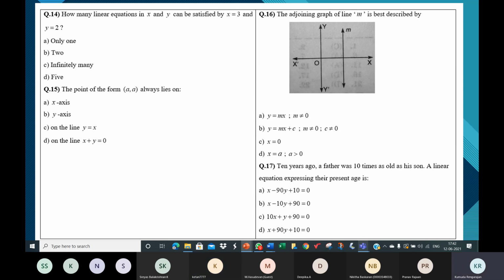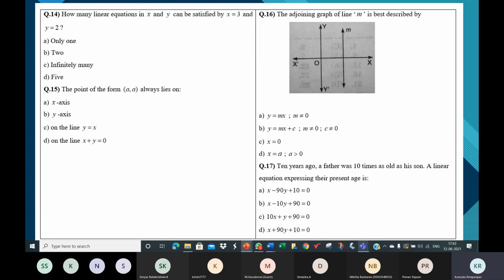How many linear equations in x and y can be satisfied by x is equal to 3 and y is equal to 2? Now 3 comma 2 is the point. And we know that there are infinitely many lines passing through a given point. The point given is 3 comma 2, x is 3, y is 2. Theoretically, given one point, you can draw infinitely many lines passing through that point.